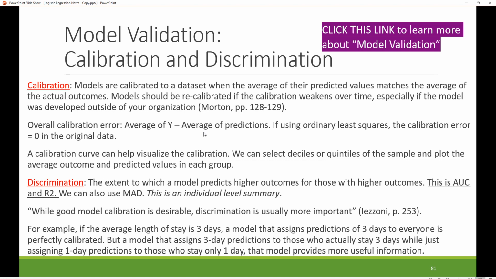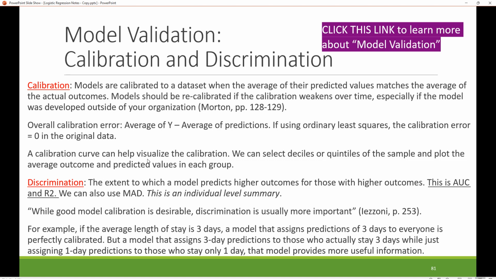If our average for our predictions was 5.6% or 0.056, then the average of y at 0.066 minus the average of predictions at 0.056 would come out to 0.01. So that would be a small overall calibration error. It's not great, but it wouldn't be that high.